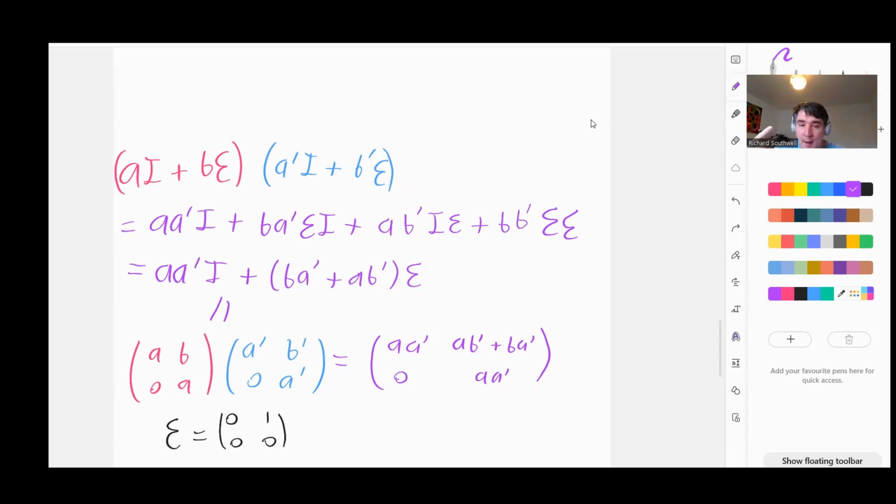And then I'm going to remember that epsilon times epsilon is 0. So if you do that, this is multiplying out the brackets, and then we know that this here should be 0. Well, then this is the result. But look, this is just the same as what you get when you do this matrix multiplication here. So we really get this formula being justified to us by the matrix calculus.